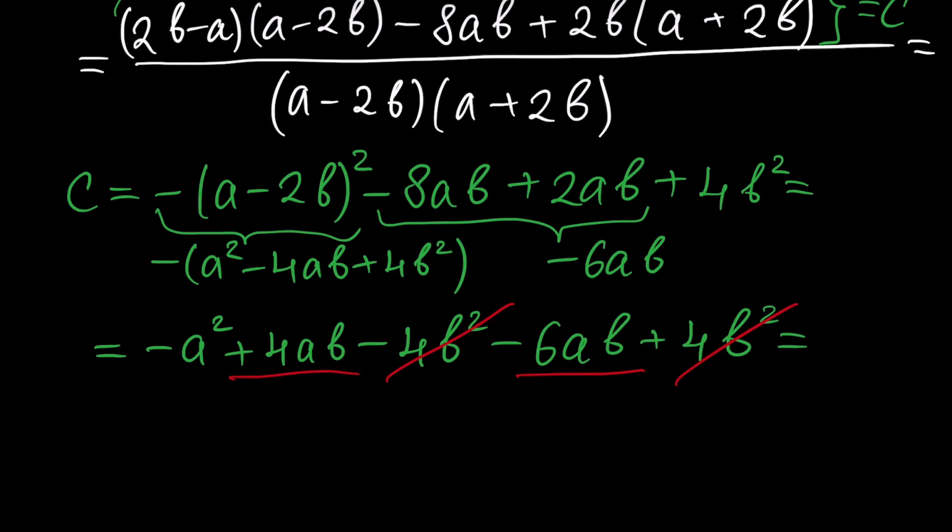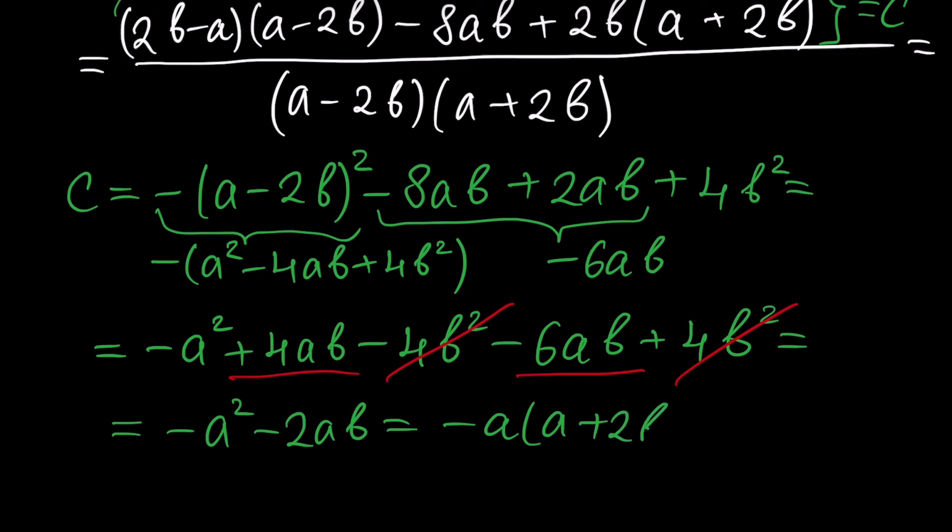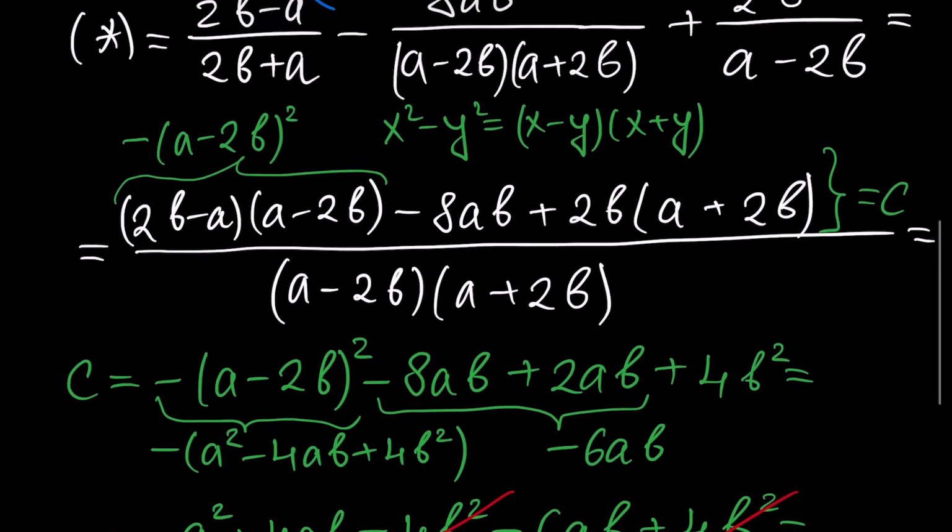That's why it will be equal to minus a squared minus 2ab, or this is equal to minus a times a plus 2b. So this is C.